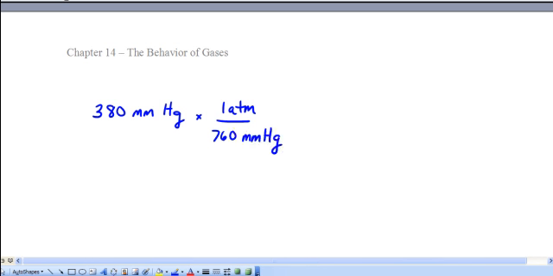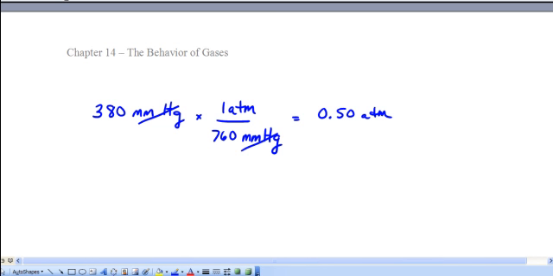Because you have millimeters of mercury on top in the numerator and in the denominator, they will divide out, just like 5 would divide with 5 or x would divide with x. And now you have 380 times 1 divided by 760, and that will give you 0.50 atmospheres. So you would have a half an atmosphere.